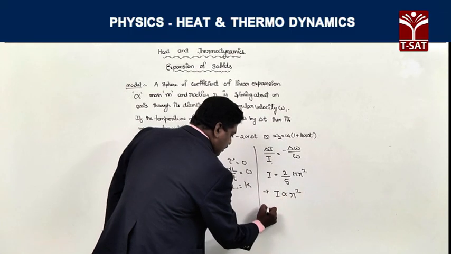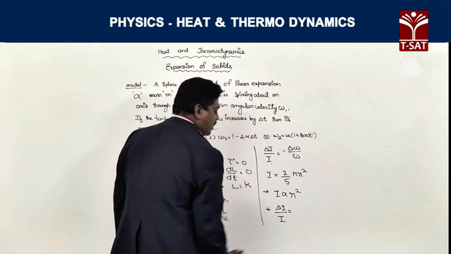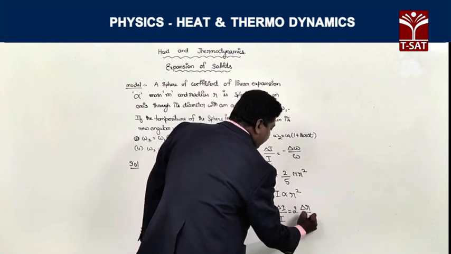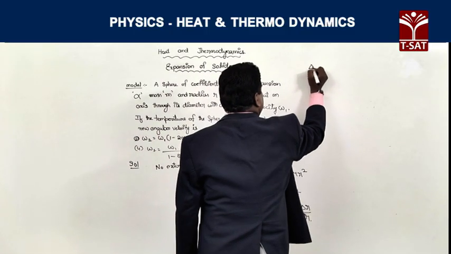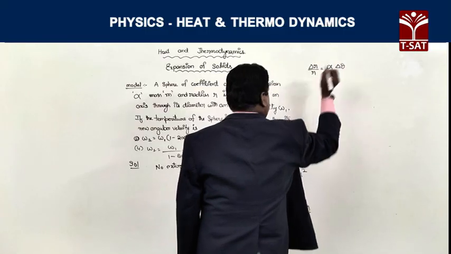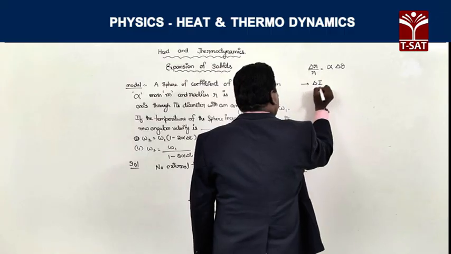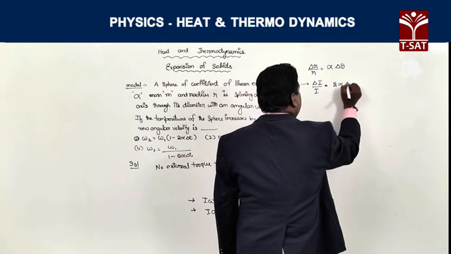So that delta I by I equals 2 into delta r by r. But delta r by r is given as alpha delta theta. On substituting, we have delta I by I equals 2 alpha delta theta.